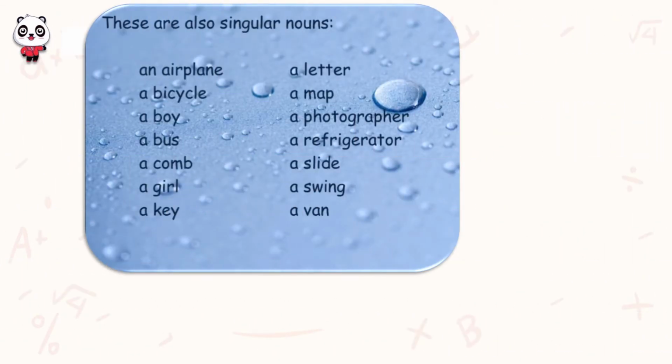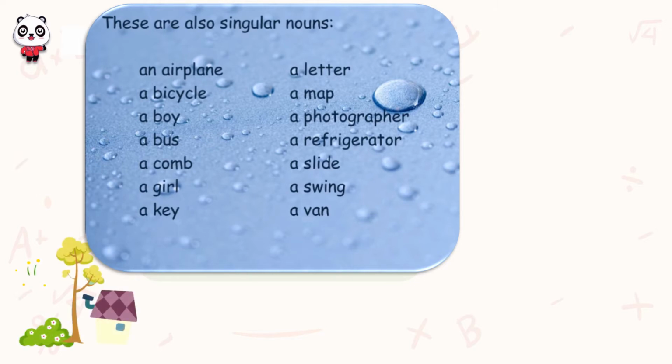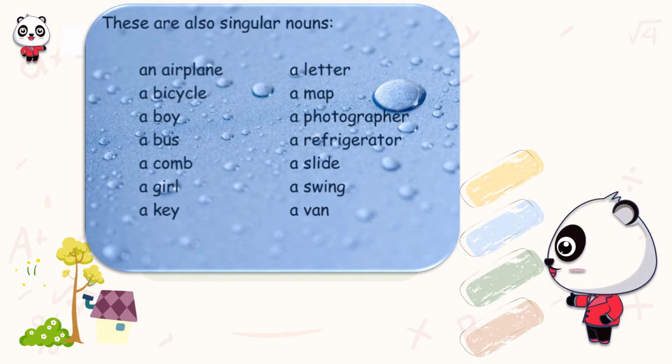Some examples for singular nouns: an airplane, a bicycle, a boy, a bus, a comb, a key, a letter, a photographer, a refrigerator, a swing, a van. All those are called singular nouns, talking about one thing, or one place, or one animal, or one person.